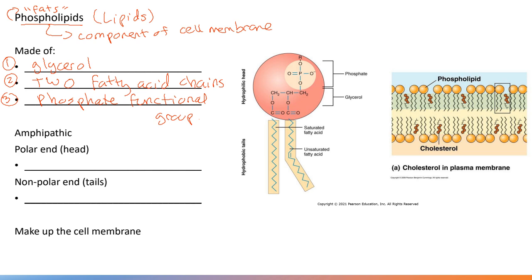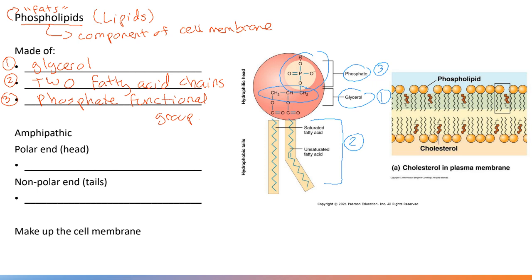Glycerol here, number one, right? Glycerol molecule over here, and the other two are going to be your fatty acid tails, which are number two over here. Okay, and then finally number three, this is going to be your phosphate group over here. Okay, so that is how phospholipids are made, or what they're made of.